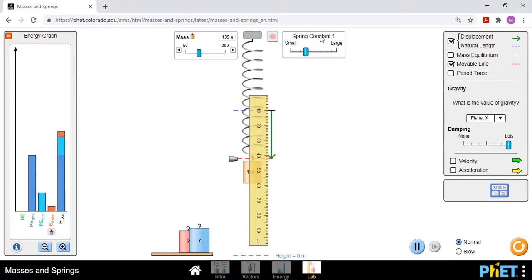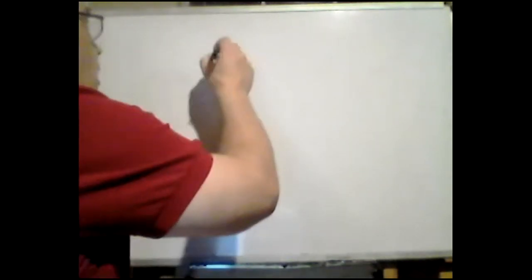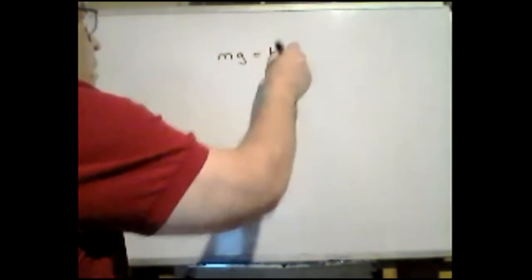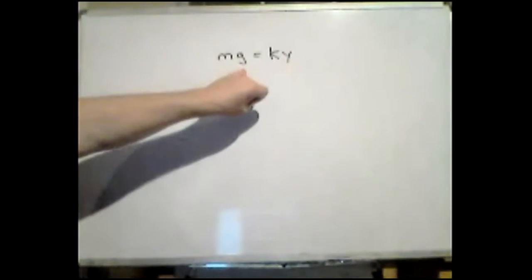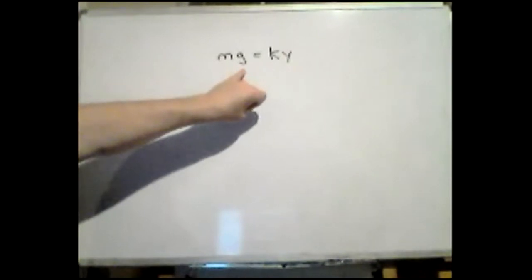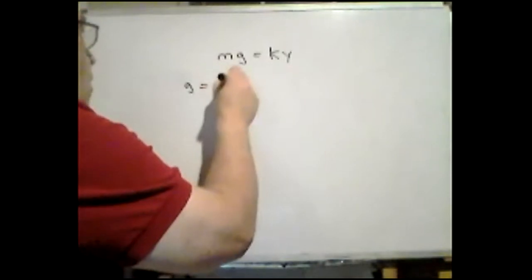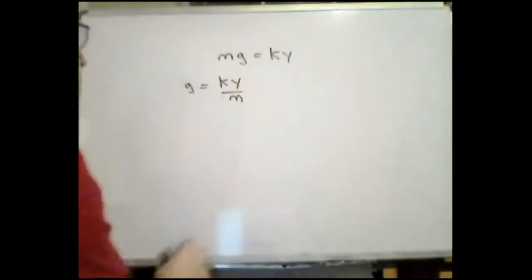Let's stop sharing and go back to the whiteboard. Again, I'm going to go back to the equation I've derived a couple of times already, and that is mg equals ky. Now I want to solve for g on the unknown planet, so I'll divide by m. g is ky divided by m.